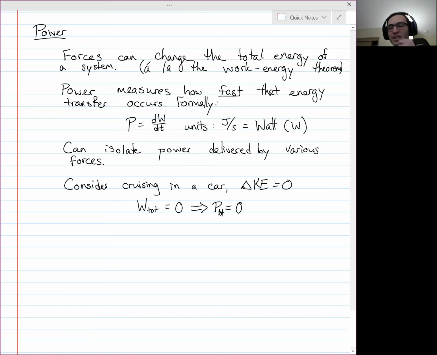But it's not like you're not expending any energy to do any of this, right? That's just not the case. Your car has some power. It's driving its engine with some horsepower. So if we want to actually answer the question, how much horsepower does your car have, meaning at what rate can it transfer energy from gasoline to your wheels, you have to isolate the different forces.